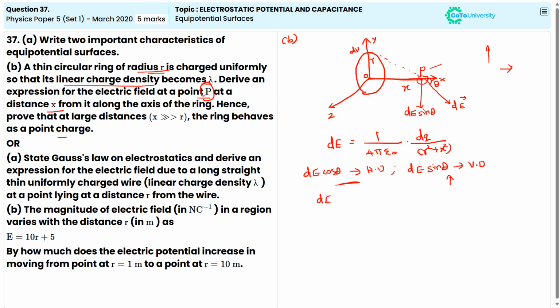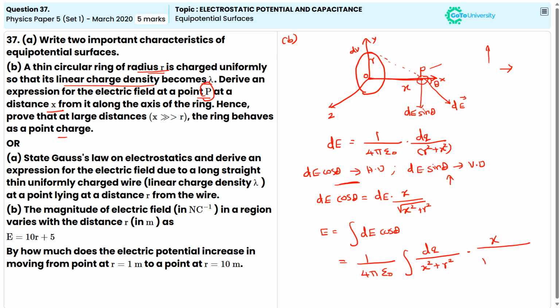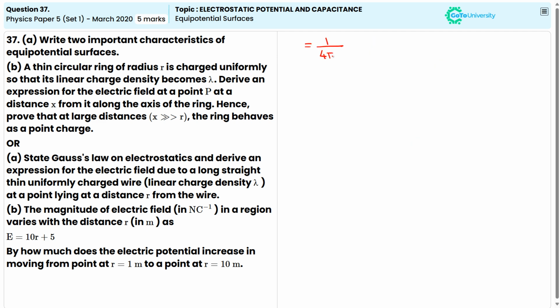Now we can write dE cos theta equal to dE into x divided by square root of x square plus r square. Hence the total electric field will be E equal to integration of dE cos theta. So we can write 1 by 4 pi epsilon naught integration of dQ divided by x square plus r square into x divided by square root of x square plus r square. If we simplify this, we get 1 by 4 pi epsilon naught into x divided by x square plus r square the whole power 3 by 2 integration of lambda into dl.